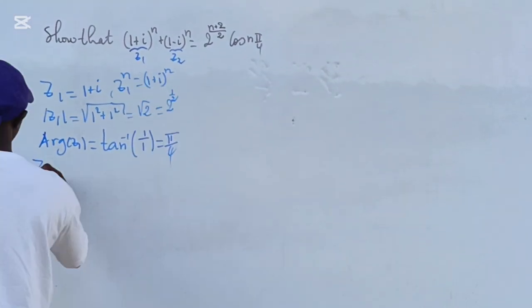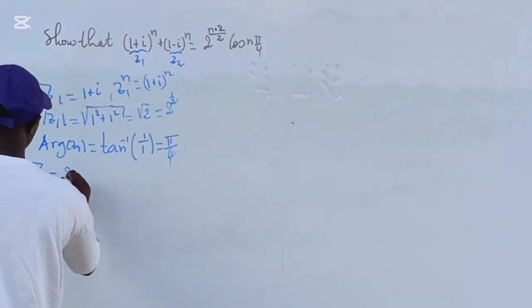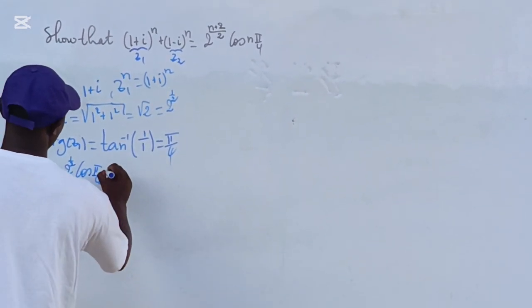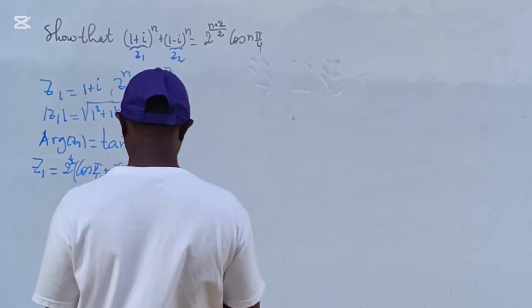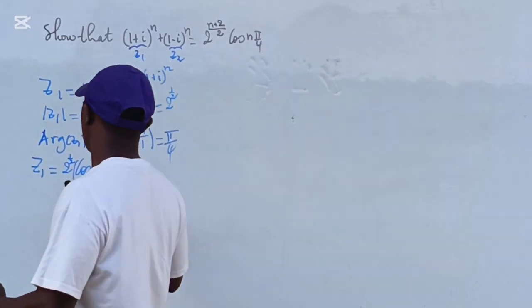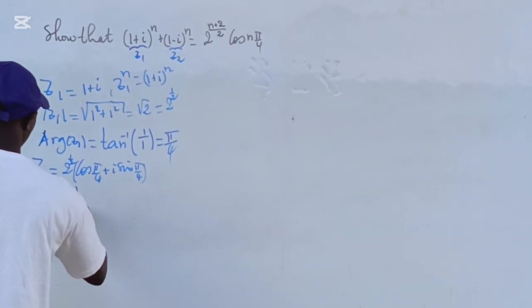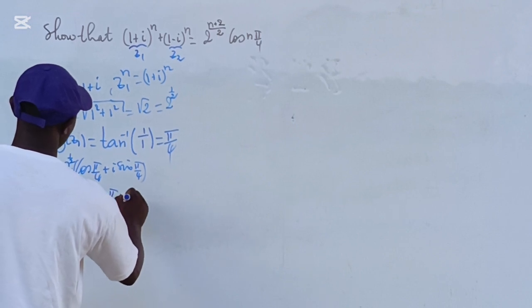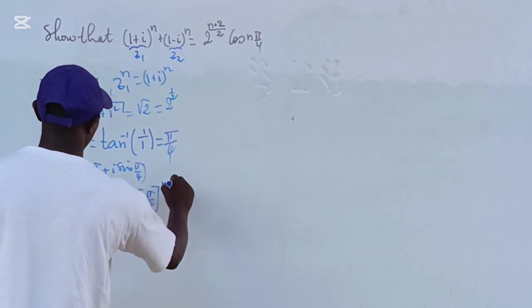So z1 can be written as the modulus, which is 2 power 1/2, times cosine of pi over 4 plus i times sine of pi over 4. And z1 power n is 2 power 1/2, all to the power n, into cosine pi over 4 plus i times sine pi over 4, all to the power n.